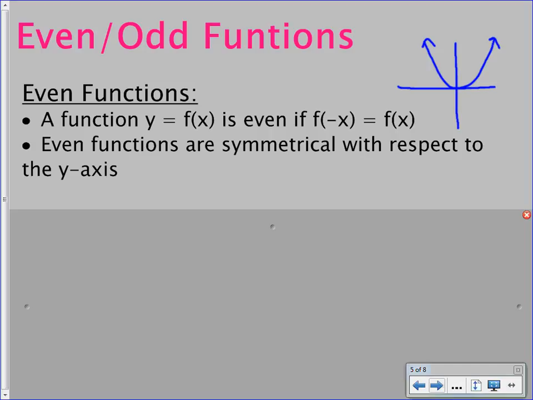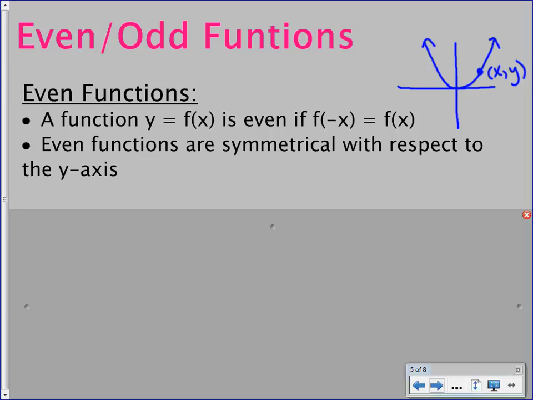Algebraically, it means that our f of x would be the same thing as f of negative x. Let's talk about why that is. If I have a point right here, (x, y), then we have that same point reflected where? If we reflect about the y-axis, it becomes what coordinate?